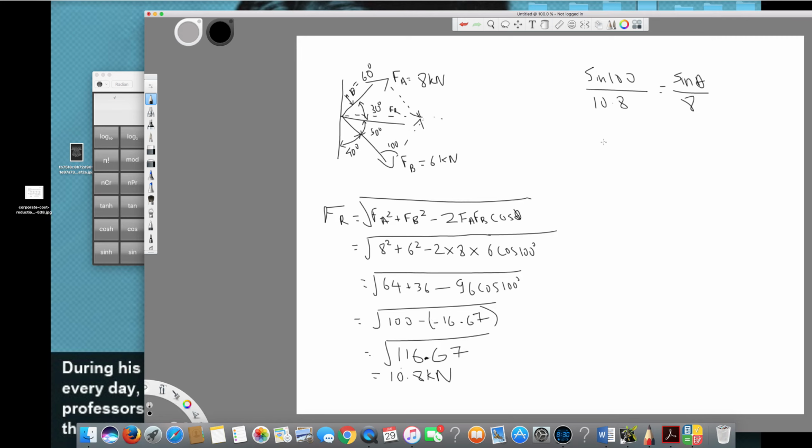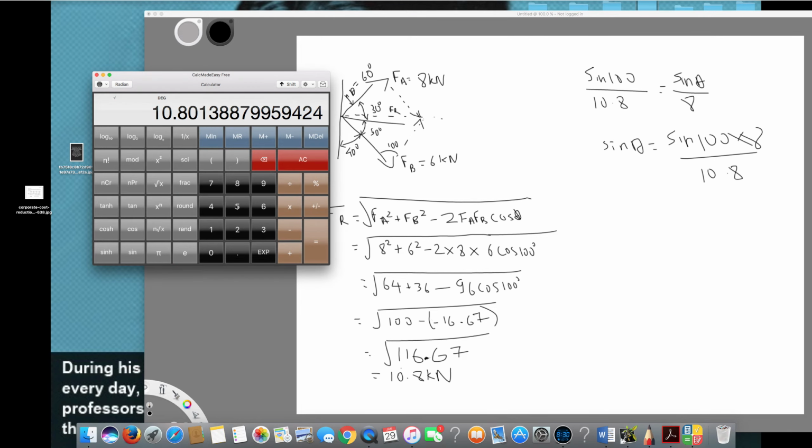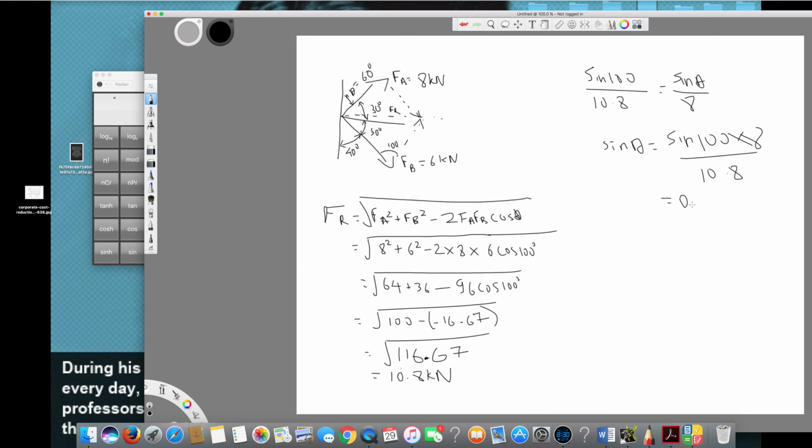So sine theta is going to be sine 100 multiplied by 8 over 10.8. Let's find it out. So let's grab our calculator. 100 sine, multiplied by 8, divided by 10.8 equals 0.7295.